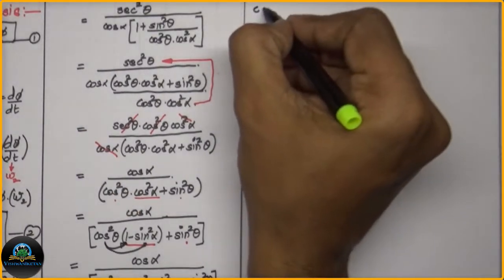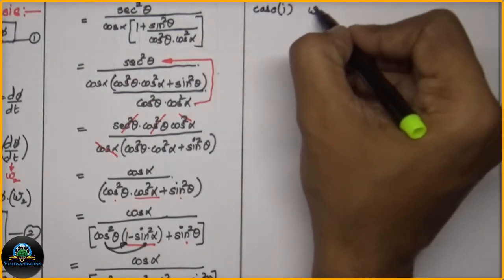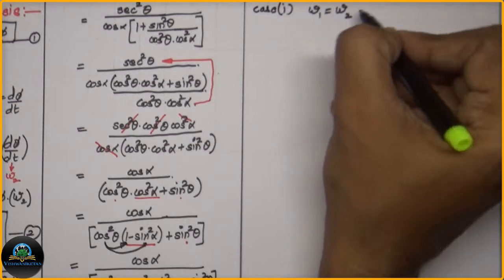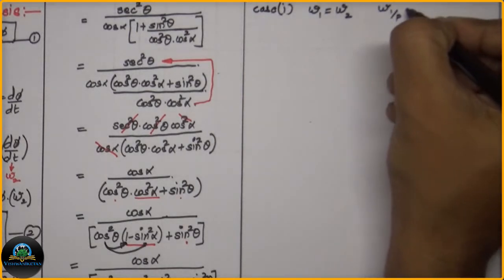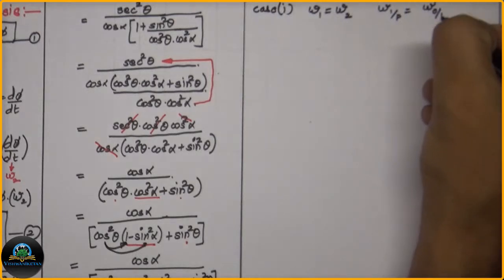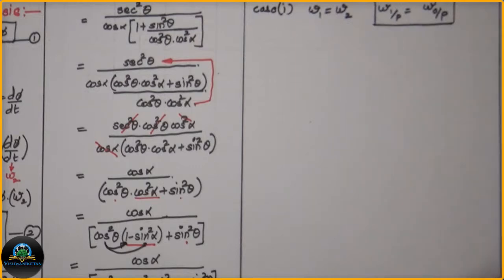Let's call this case 1. And in case 1, let us say that omega 1 and omega 2 are the same, which means input velocity and output shaft velocity are the same. Our intention is to find when this is the same.